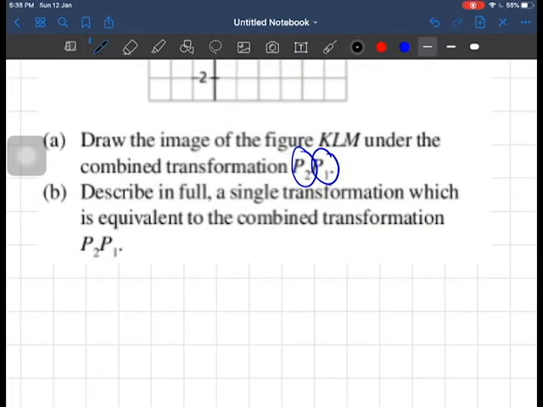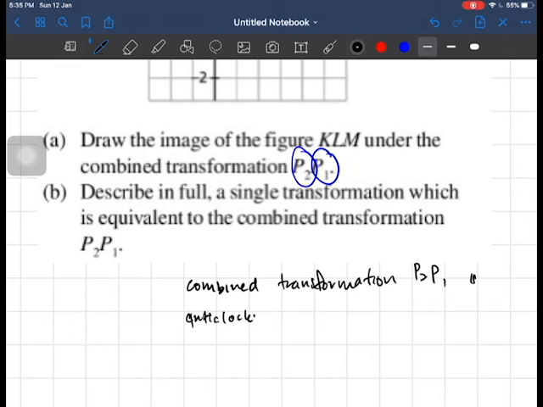The combined transformation P2 P1 is an anti-clockwise rotation of 90 degrees about the origin.